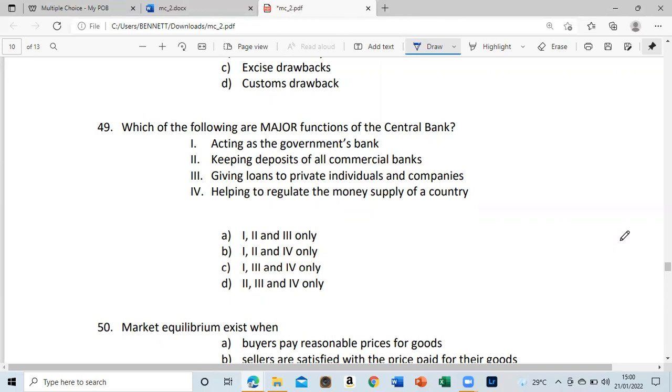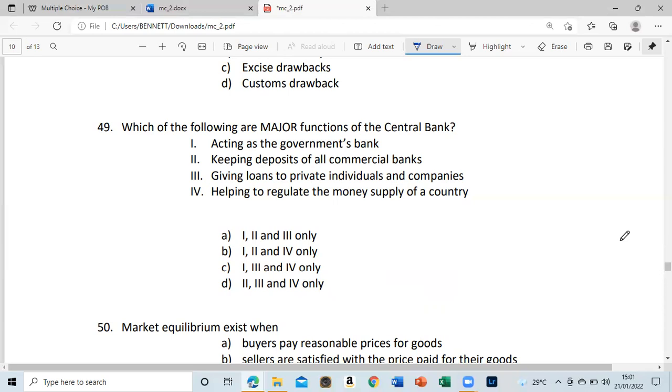So we're on to 49. Which of the following are major functions of the central bank? 1, acting as the government's bank. 2, keeping deposits of all commercial banks. 3, giving loans to private individuals and companies. 4, helping to regulate the money supply of the country.